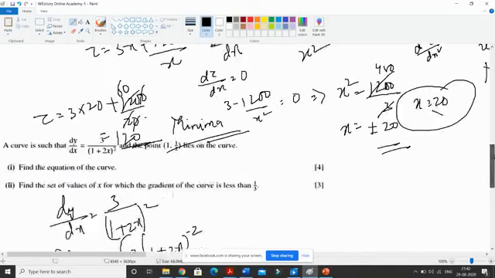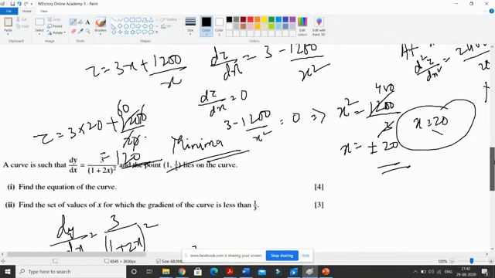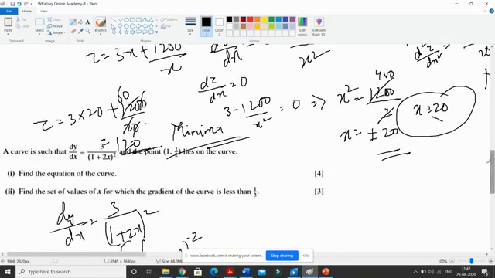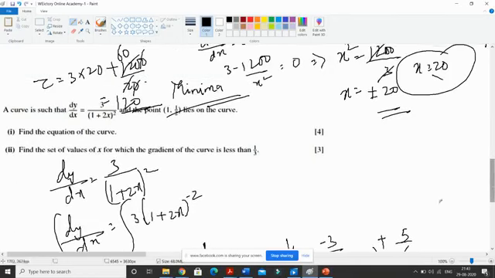That's the answer. Find the set of values of x for which the gradient of the curve is less than 1 over 3. So the gradient of the curve is nothing but the derivative, this dy over dx. Okay, so dy over dx has to be less than 1 over 3.